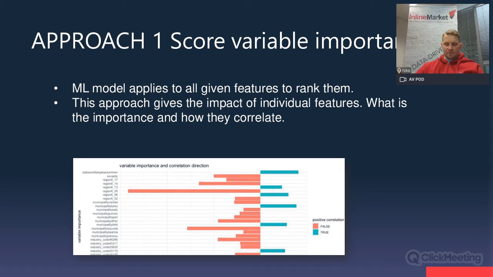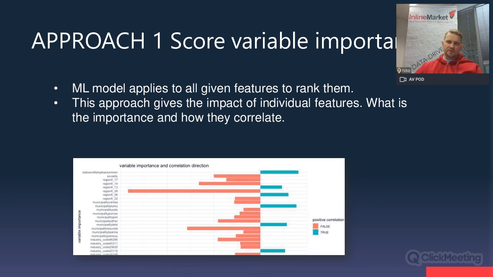So what are the regions which comply well with the best customers? What are the industries, profitabilities, etc. And in addition to these features being listed, they also have a weight.